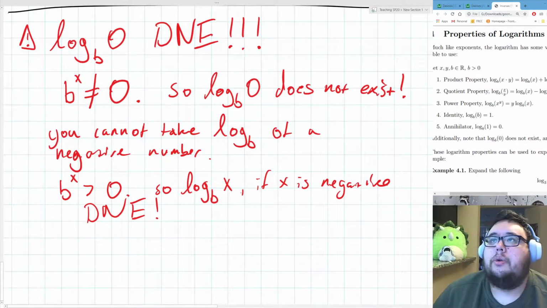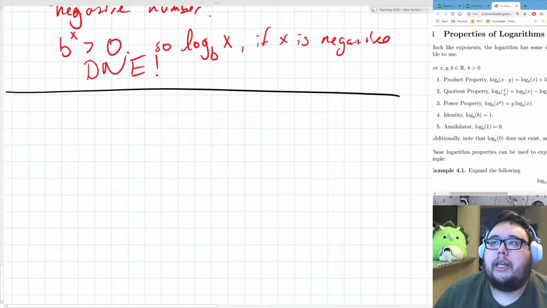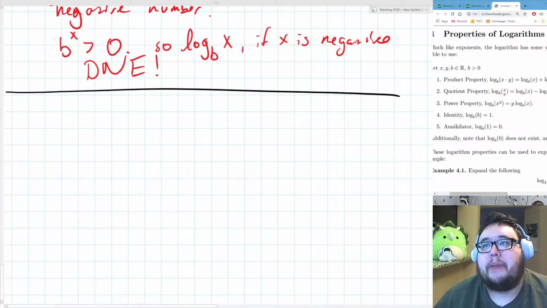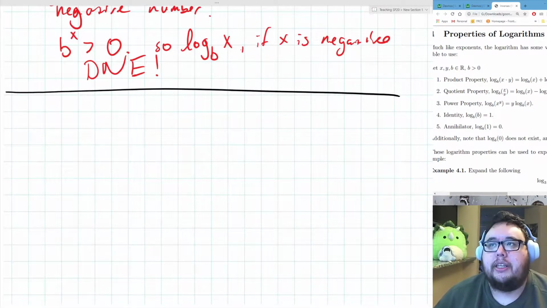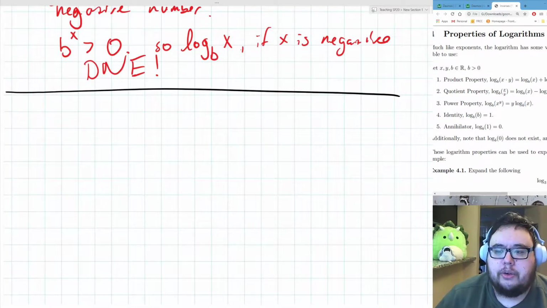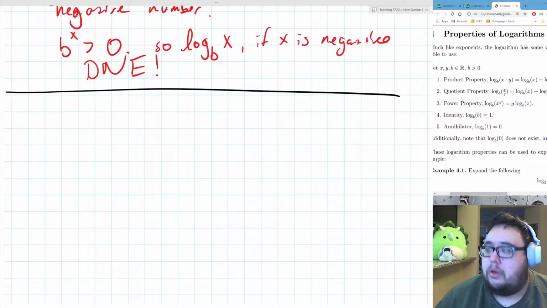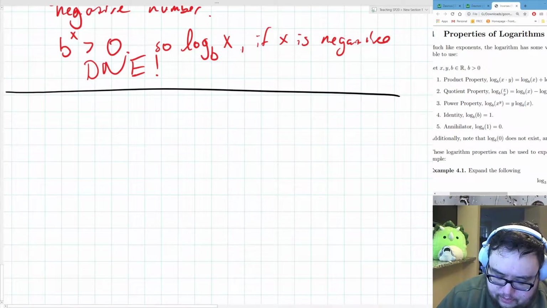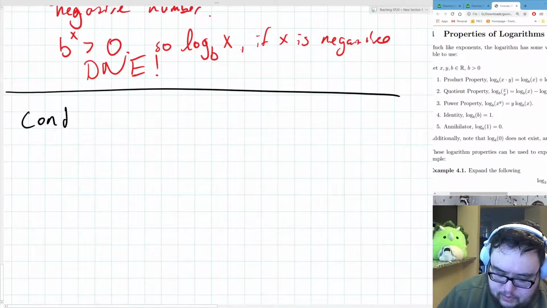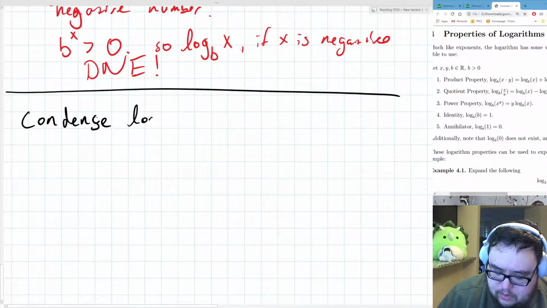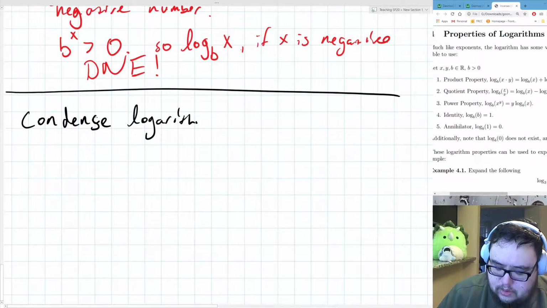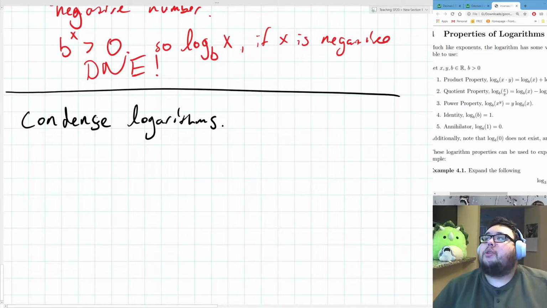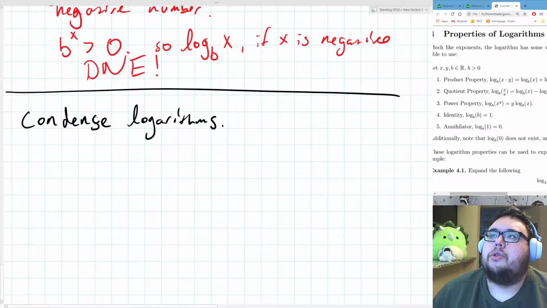The other thing we can do with logarithms right now is sort of the opposite of expanding a logarithm. Instead of expanding the logarithm, we can also condense logarithms. This is something we'll use a lot when solving logarithms.